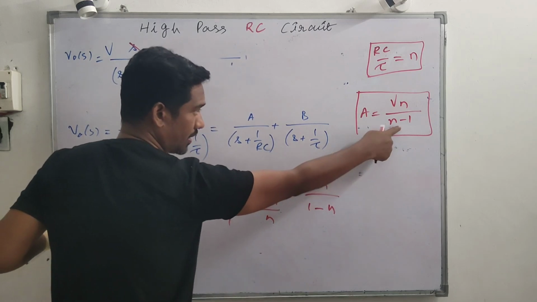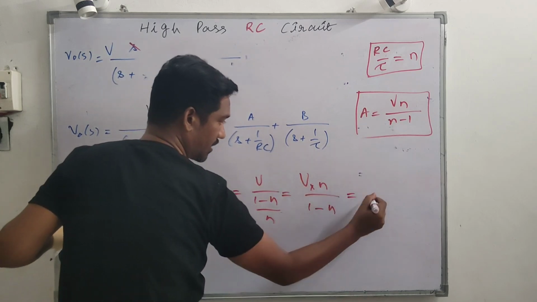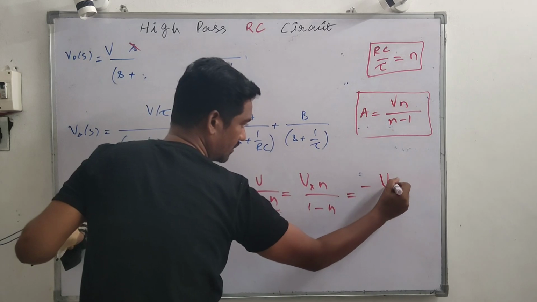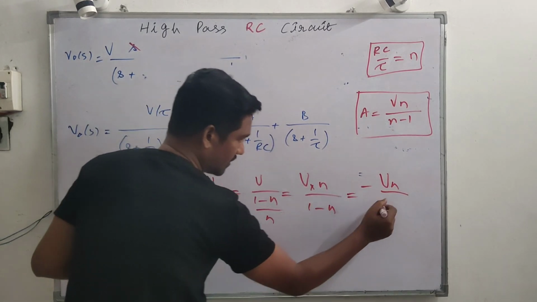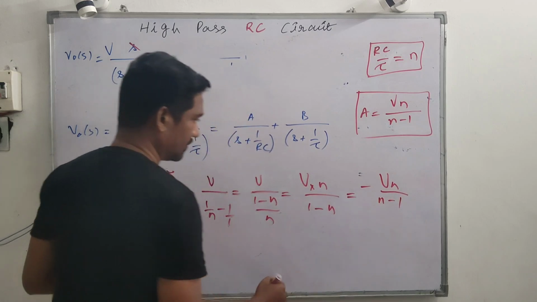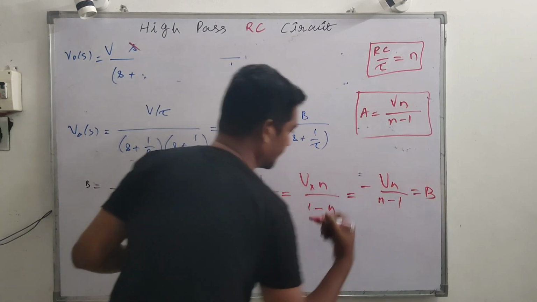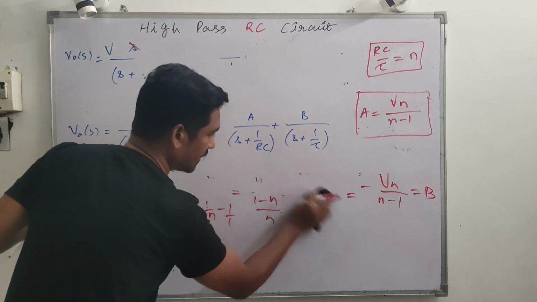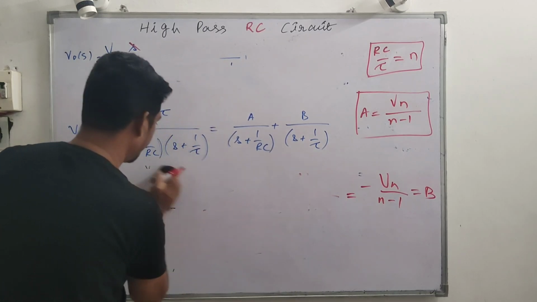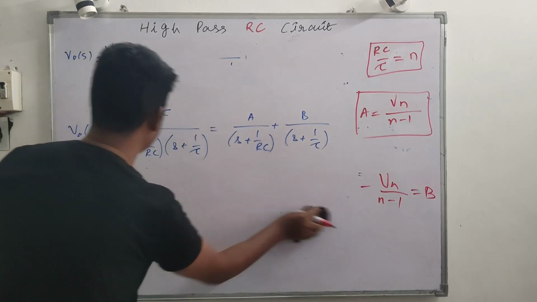We need to get to this form, so taking out the negative, n minus 1 is that value for b. This is for b, and the a value and b value are plugged in over here for that v naught.